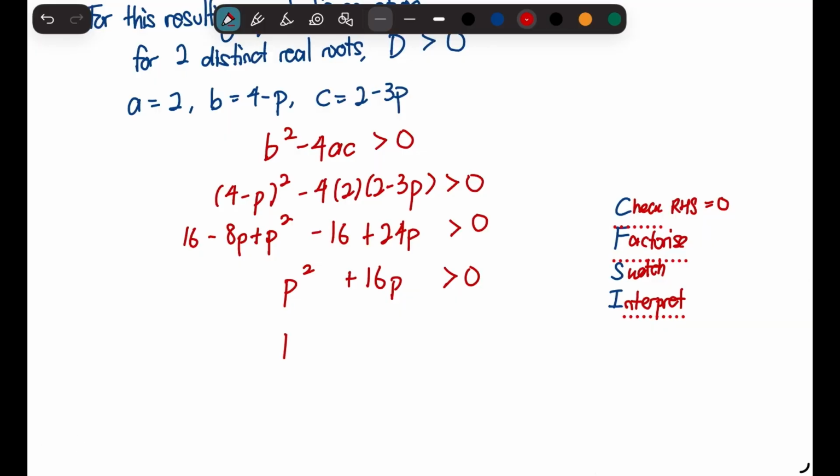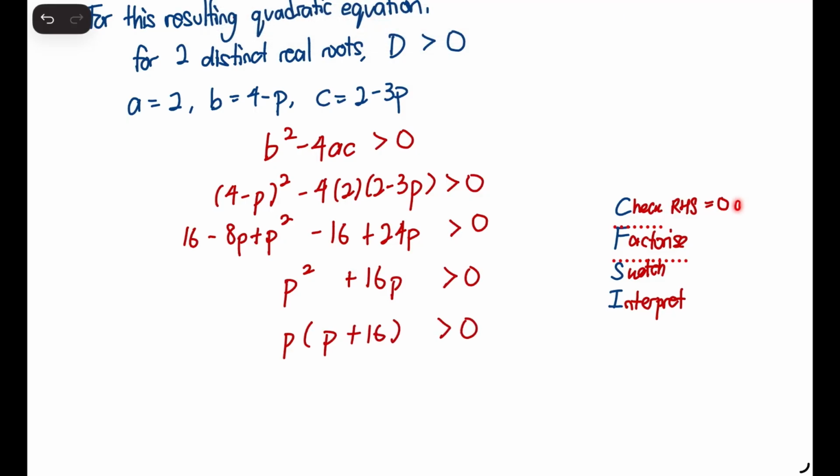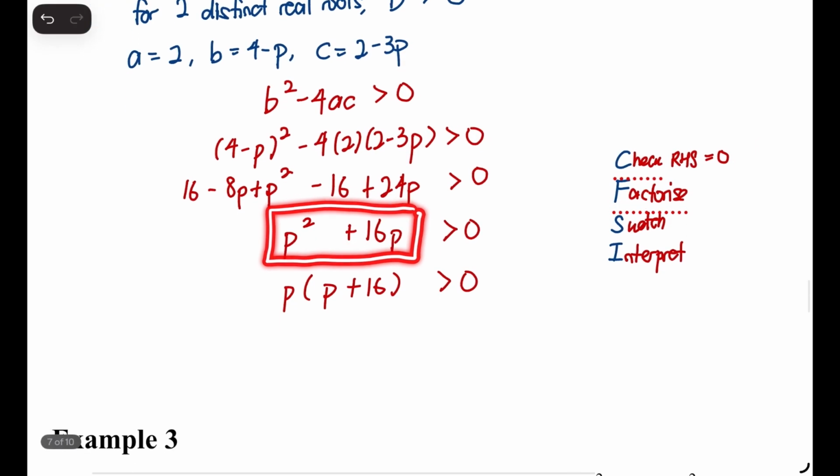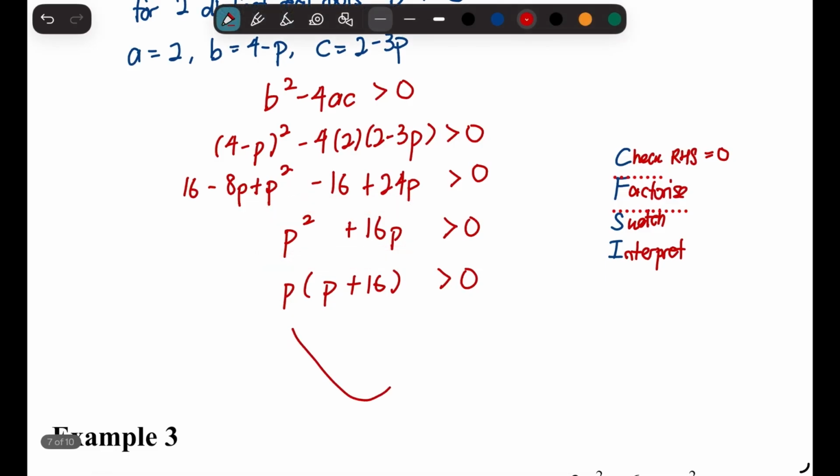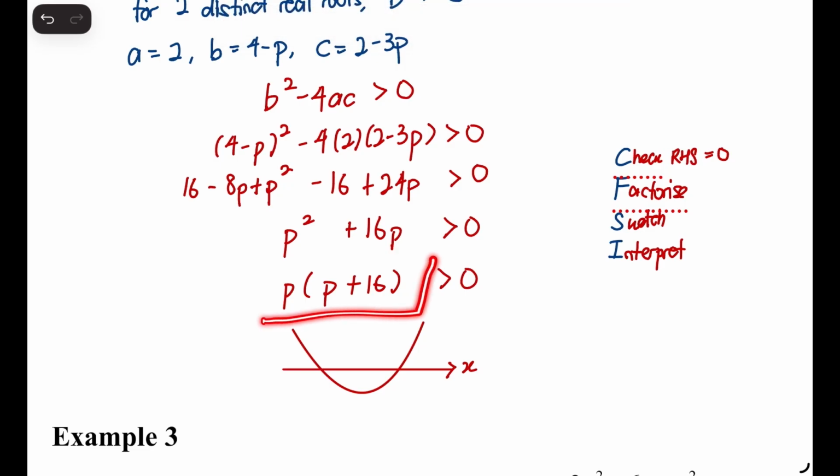I'll get p times (p plus 16) more than 0. So check done, factorize done. Next step, sketch. Based on this quadratic expression on the left side, I know that this is a smiley face graph, and to find my two x-intercepts of this smiley face graph, we simply let this expression be equal to 0.